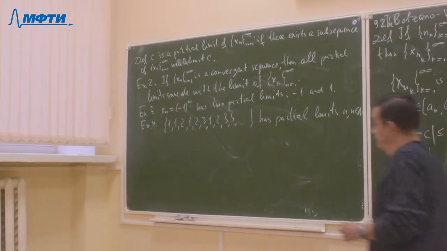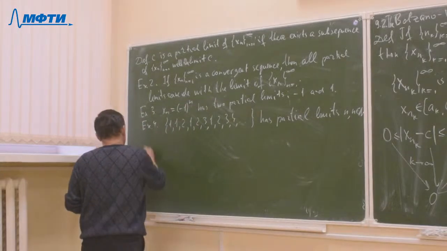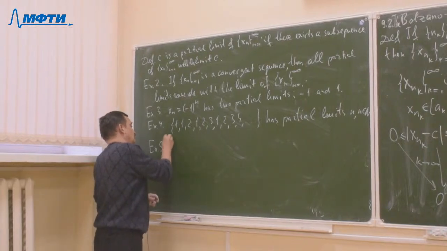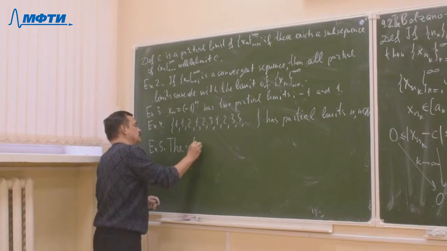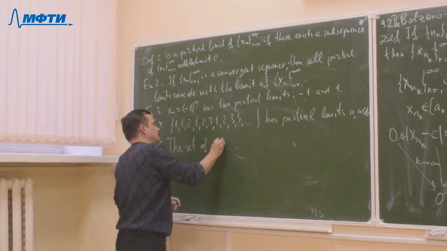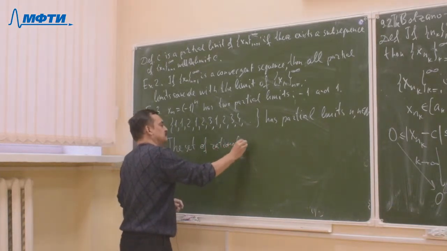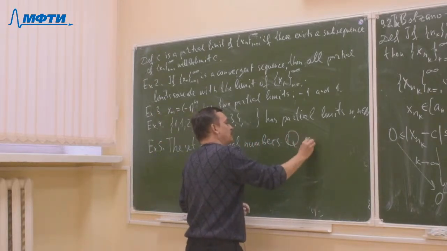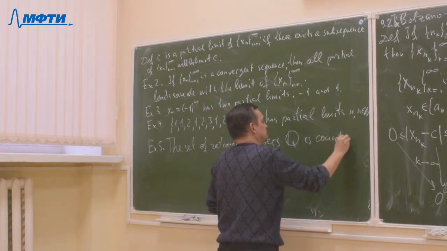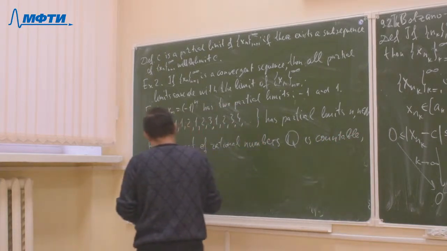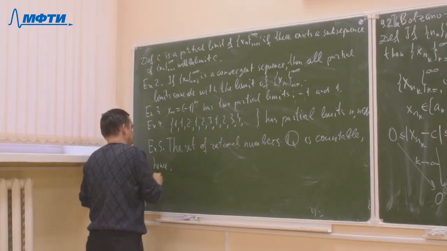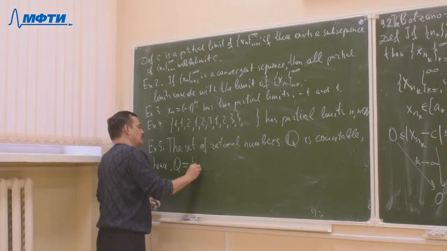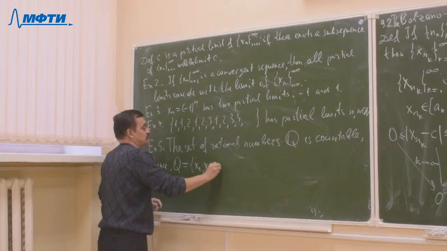But one more example, example 5. As we know, the set of rational numbers Q is countable. Hence, Q can be written as a sequence.